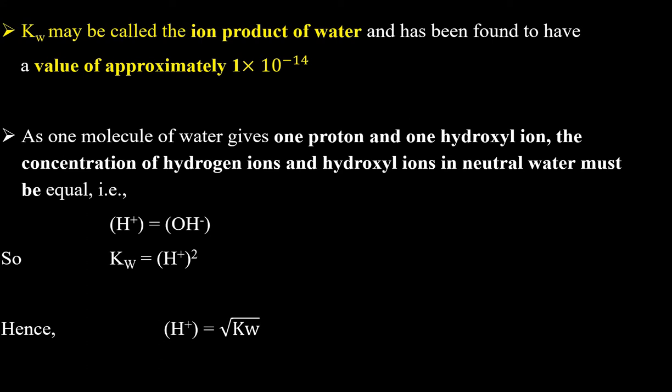So Kw, the ionic product, is equal to H plus squared, and therefore H plus is equal to the square root of Kw.